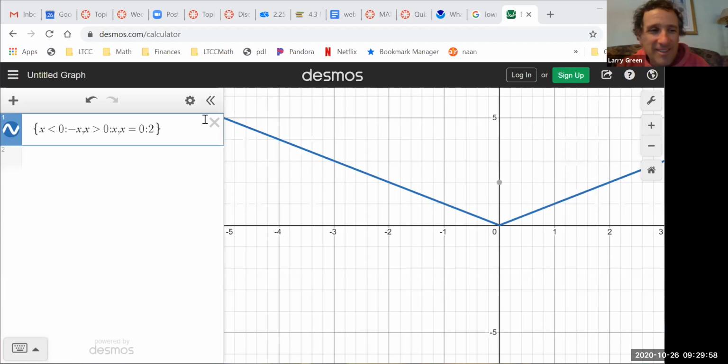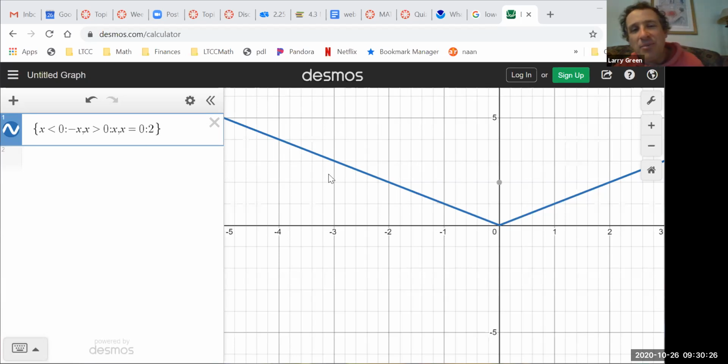What, calculus-wise, is the issue with this function? Unlike the last example, the last one had an asymptote. This one doesn't have an asymptote. Yeah, it's not continuous.